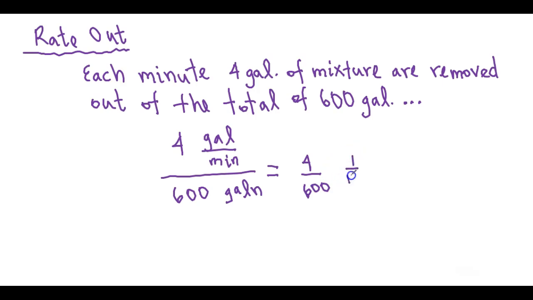We can do this in a couple of steps. 1 over minutes, and here we're going to have gallons over gallons, which are going to cancel each other. So this reduces to the number 1 over 150, by simplifying this fraction, 1 over 150 per minute, with units minutes to the -1.